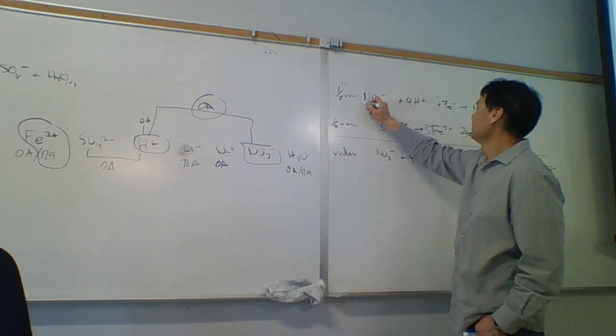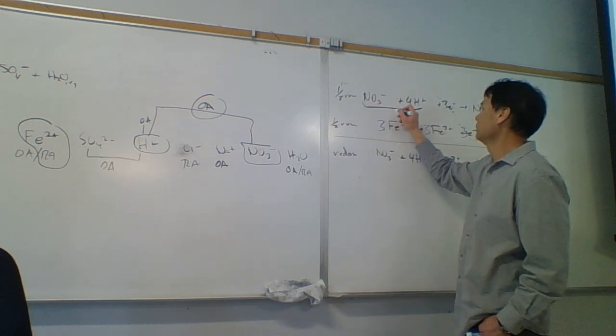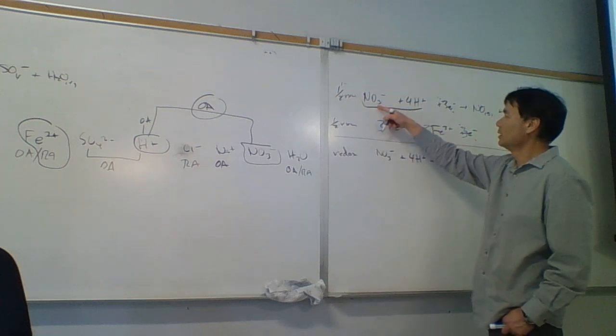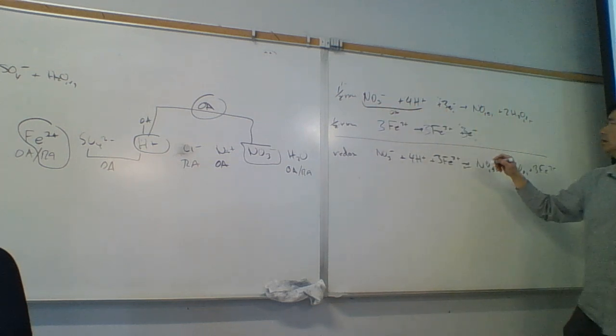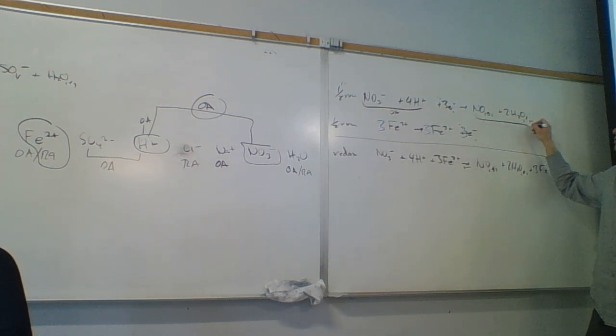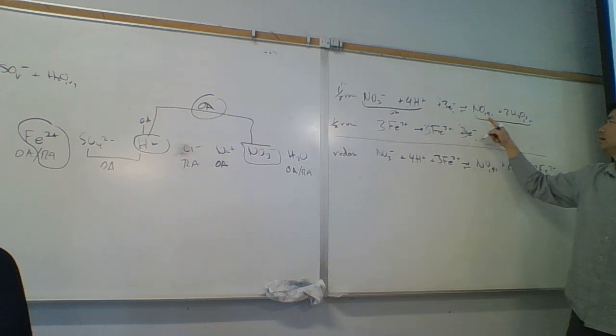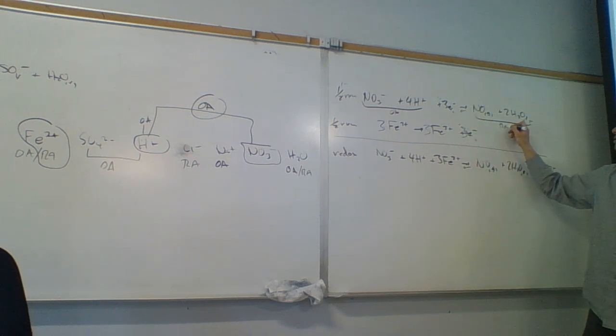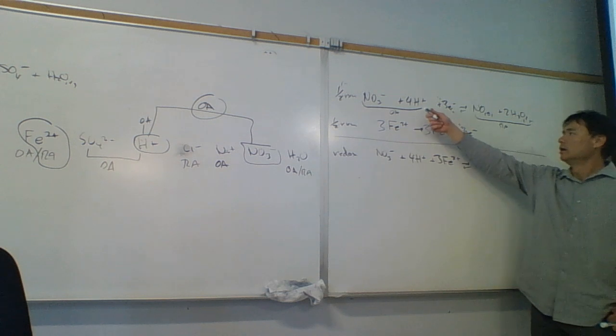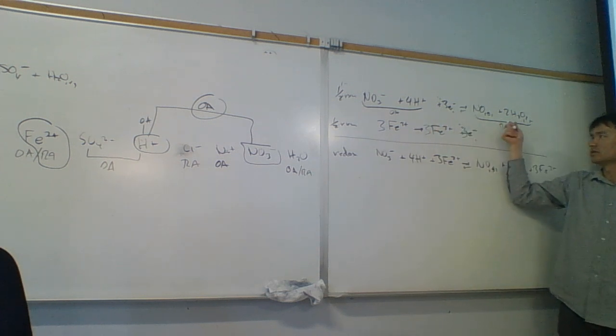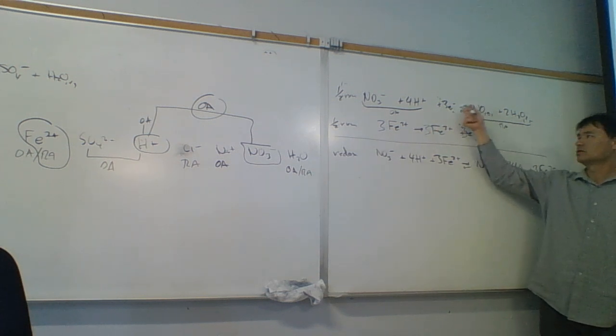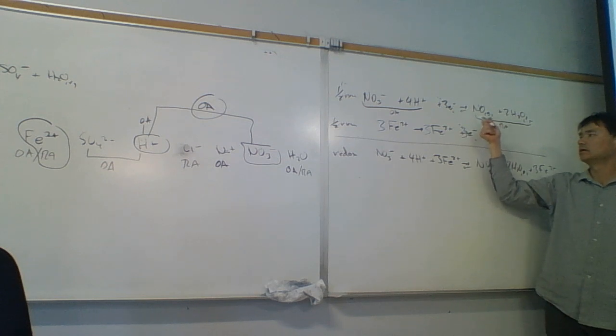The way we can do that easily is to look at the conjugate relationship. If this is the oxidizer in the forward direction, then going backwards this must be the conjugate reducer. The oxidizer gains electrons going forward. The reducer is going to lose electrons going backwards. So this is the conjugate.